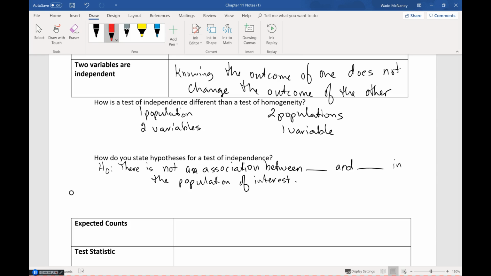In other words, my null hypothesis, there is not an association between these two variables.